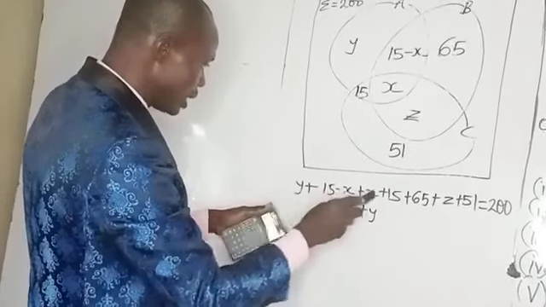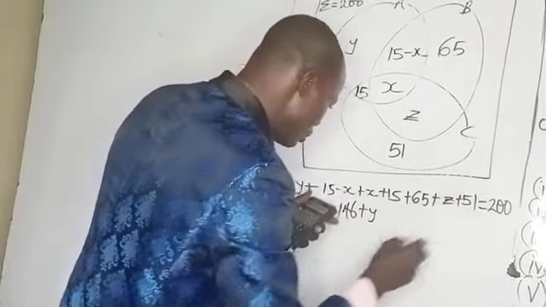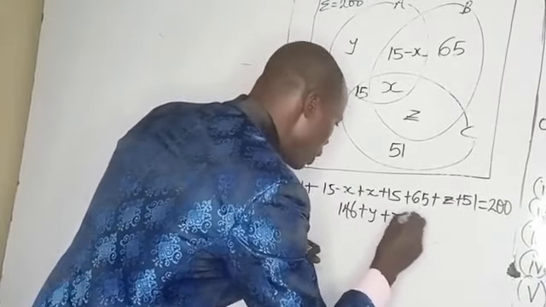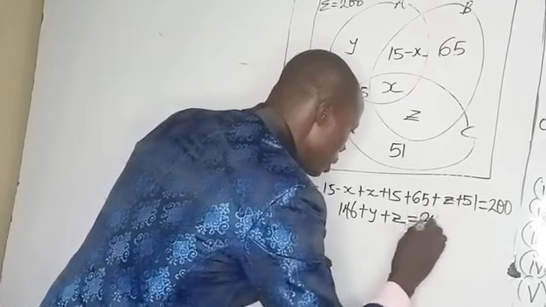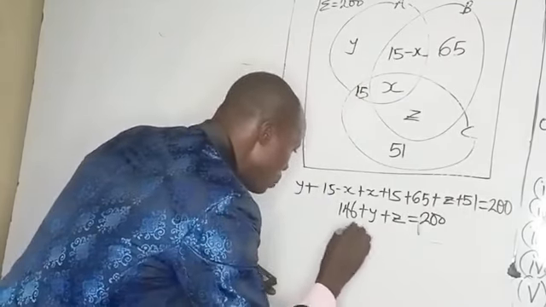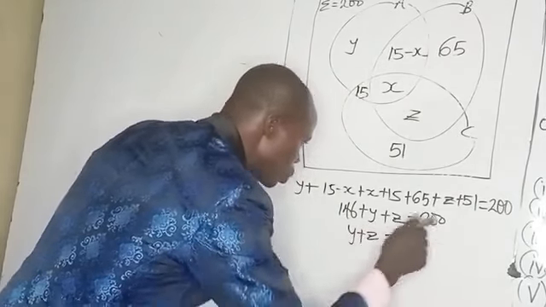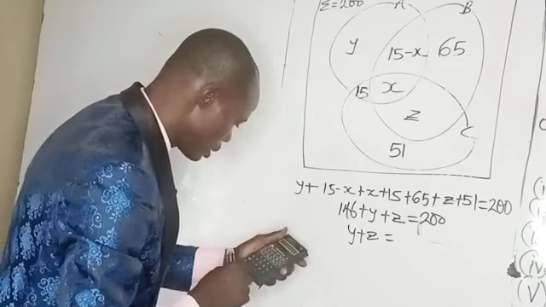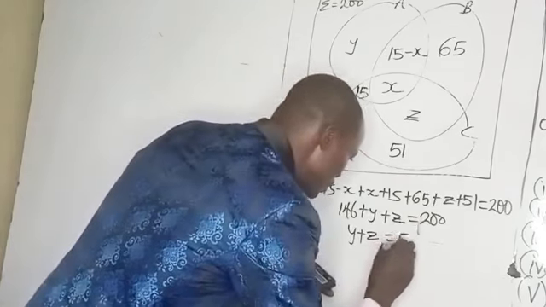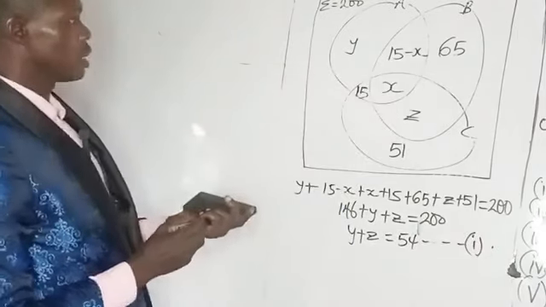So this is gone, and you are left with Z. So Y plus Z equals 200 minus 146, which leaves 54. That is equation 1.